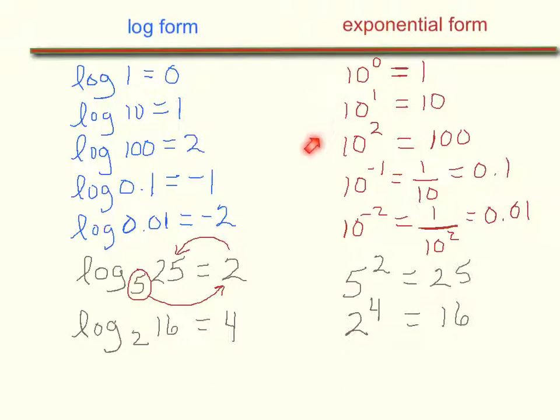So all of these were base 10 because there is no subscript here. If you see a subscript, such as this one, log base 5, or this one, log base 2, now you've got to change base 5, base 2, and you're asking, what is the exponent on that base that gives you that result? Base, exponent, result.